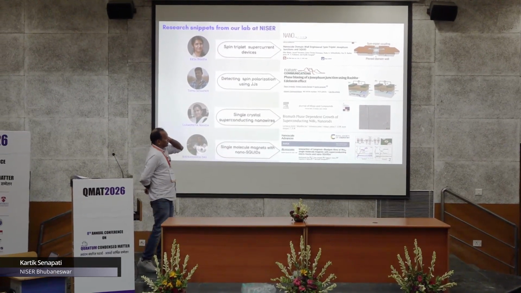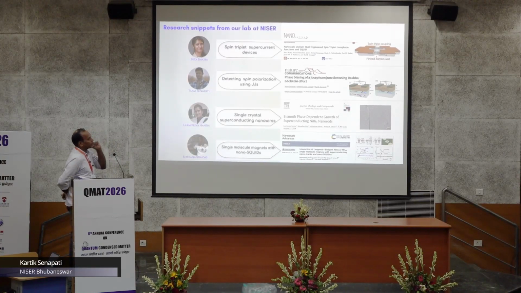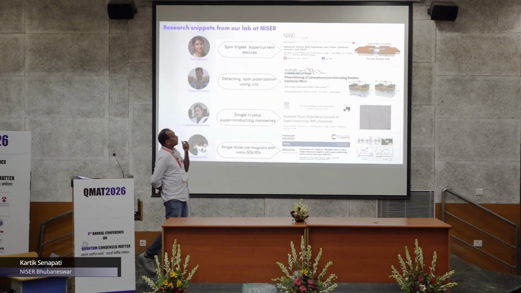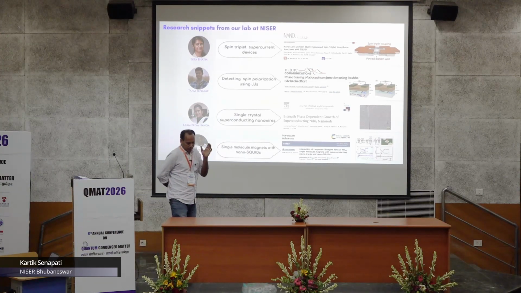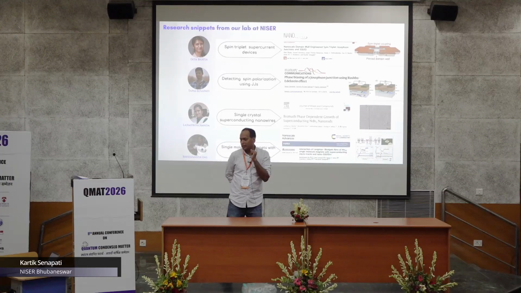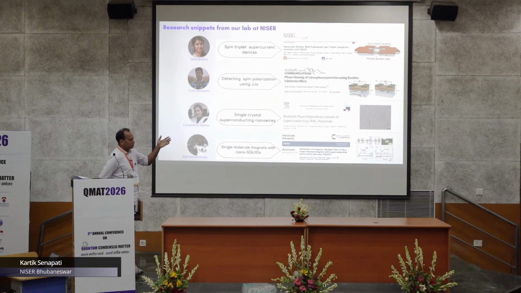We managed to make spin triplet SQUID devices using ferromagnetic barriers between superconductors. We squeezed the magnetic layer in the barrier to the level that we can trap one single magnetic domain, which can convert singlet to triplet.